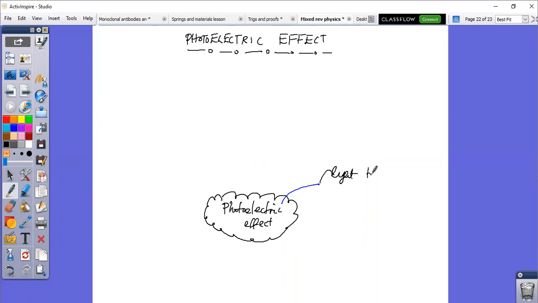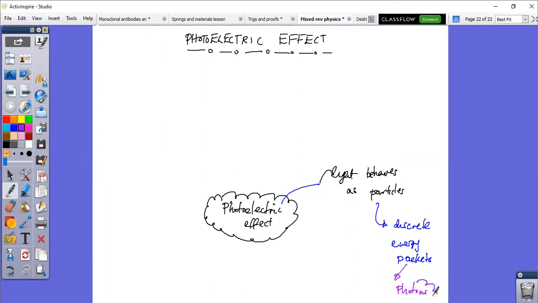So light behaves as particles. And we say that these particles come as discrete energy packets. And the name we use for that is we call them photons.